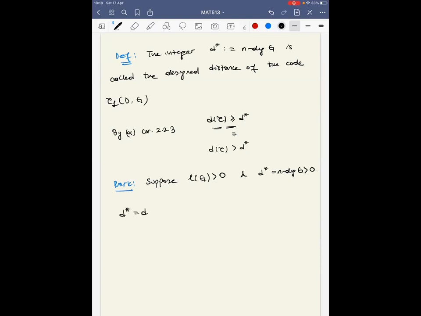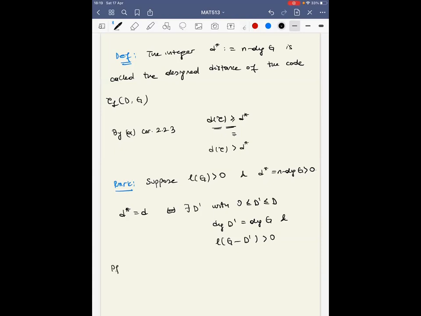Then indeed we can see that the minimum distance of an algebraic geometric code is exactly n minus degree G if and only if there exists an effective divisor D prime, which is less than or equal to D with respect to the partial order in the divisor group, which has the same degree as G, and the Riemann space of the difference of the divisors G and D prime is non-trivial.